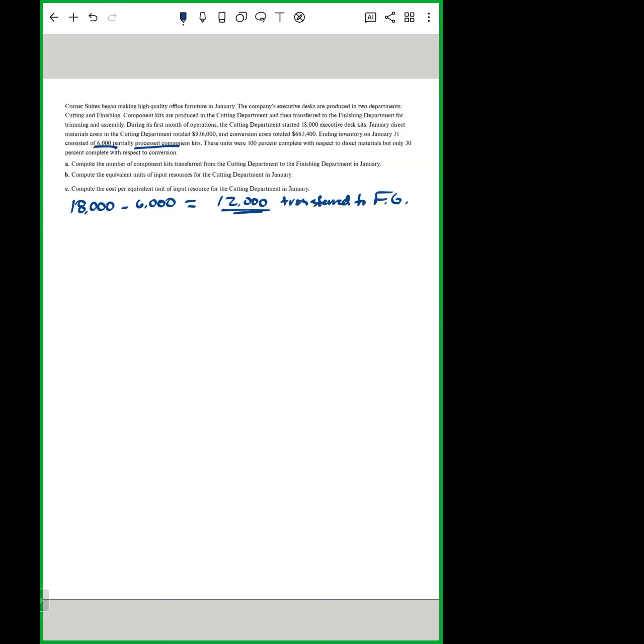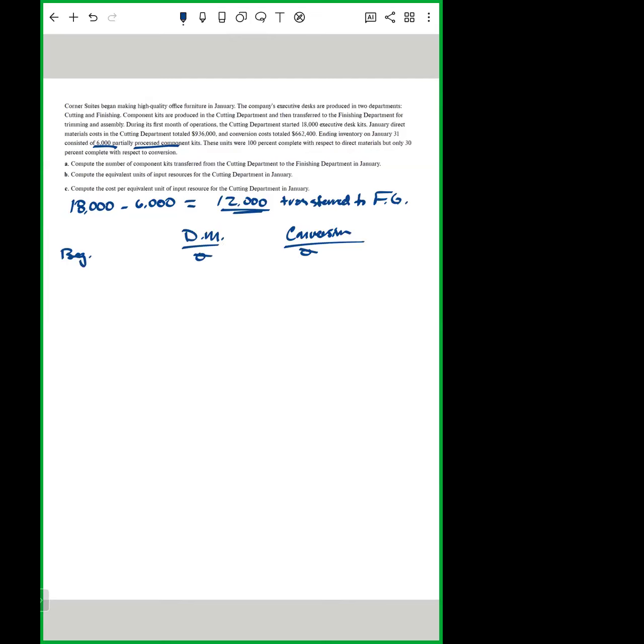Let's set this up, I think, kind of like that. Let's do direct materials and conversion. So here in the beginning, how many units do we have in each? 0, right? Because the company began making furniture in January, and this is for January. So we don't have any beginning WIP we have to worry with.